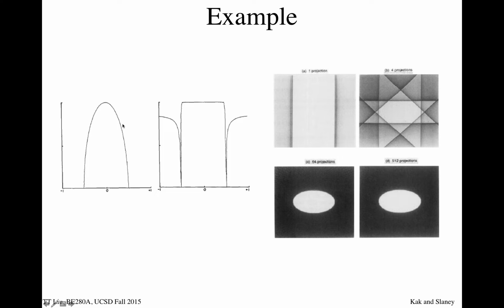So that's incorrect, right? When I take the convolution of this with the inverse Fourier transform of the ramp, I get this function. And now, this is the edge of the disk, and that's the face of the disk. So when I'm back projecting these things, I get an actual disk, right?